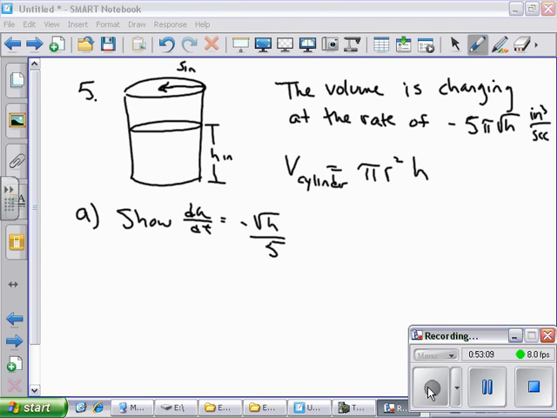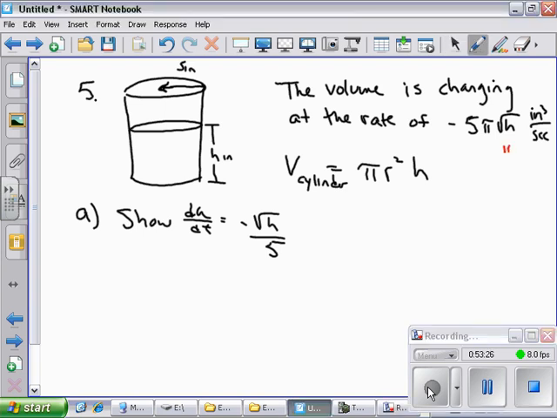Okay, so here they give you a cylinder. It's got a radius of 5 inches. The height of the liquid in there is h. They tell you the volume is changing at the rate of -5 pi square root of h cubic inches per second. So that is dV/dt.